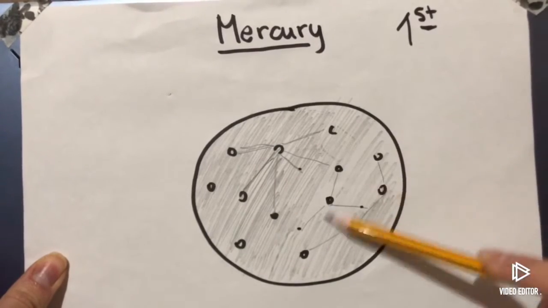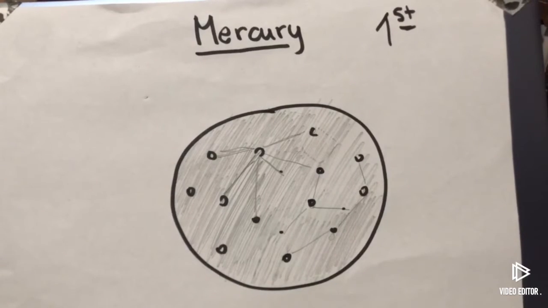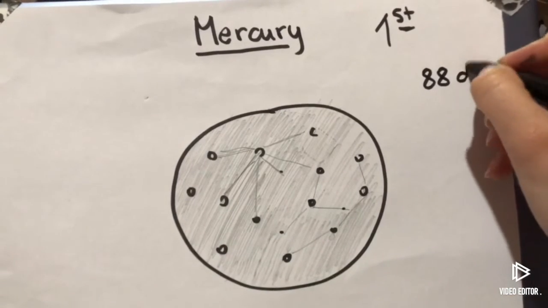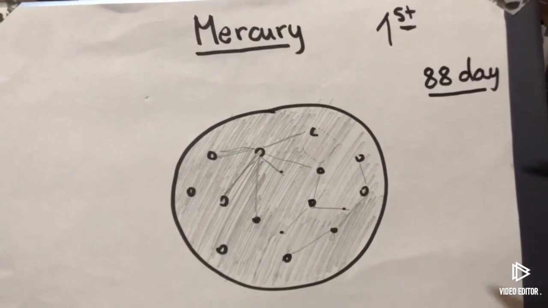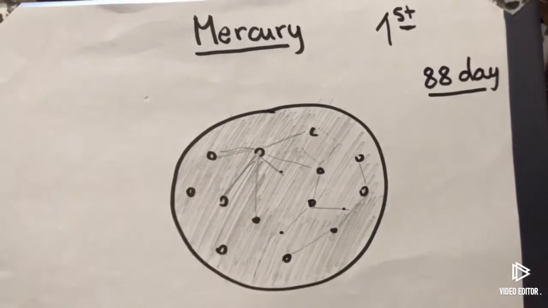Its rotation, how long it takes to go all the way around the sun and come back to where it is, is 88 days. 88 days. It takes Mercury 88 days to go around the sun. That means that from the first day of school to now, it would have been one whole year on Mercury and then some.